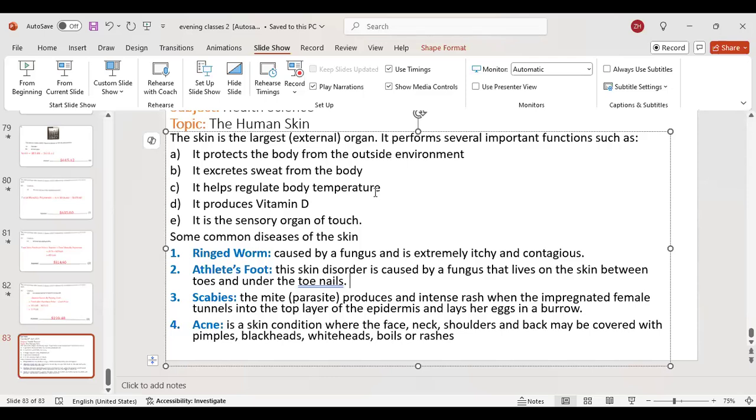Okay, so the last thing we was doing for general science. Can someone tell me the last thing we was doing? We talked about what? Do you remember?